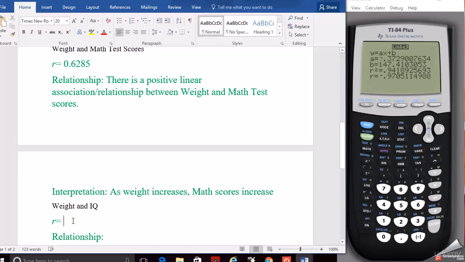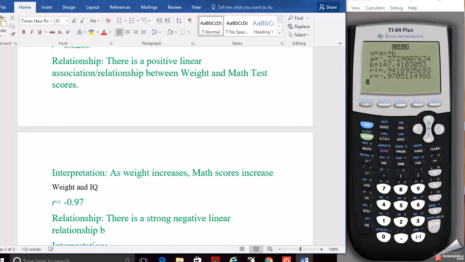So for weight and IQ, the value is negative 0.97. Let me just stop at 2 decimal places. The relationship is strong because it's closer to -1: a strong negative linear relationship between weight and IQ.